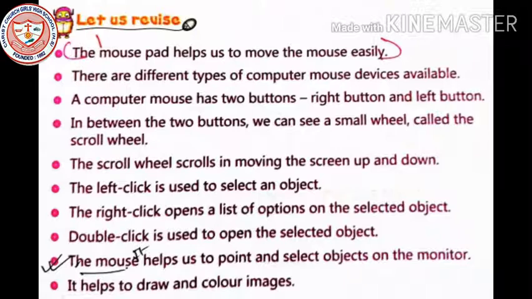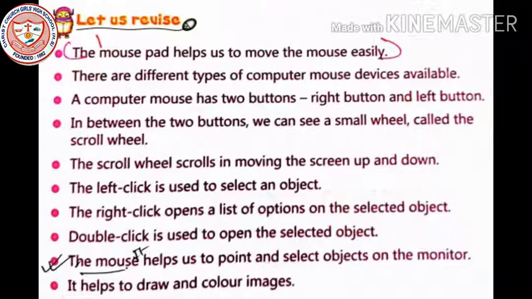Then the second one is optical mouse. So what is an optical mouse? Optical mouse has a red laser light at the bottom of the mouse, which helps with easy movement of the mouse. This type of mouse does not need any mouse pad.